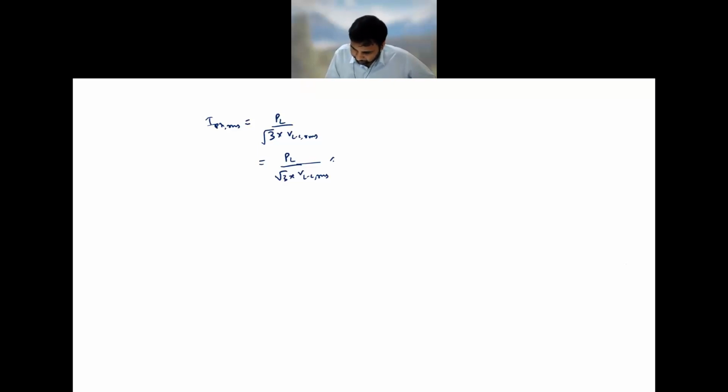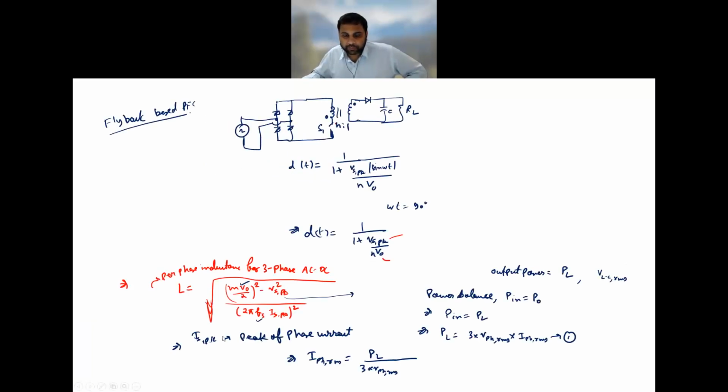This multiplied by root 2 will give you the I phase peak, which is equal to our Is peak value in our discussions. So by this way you can simply calculate Is peak, and once you calculate it, you put it in this formula and directly get the inductance.